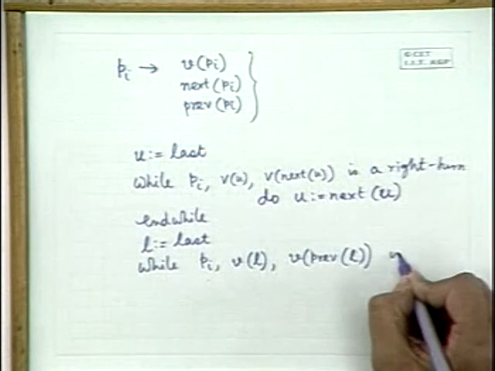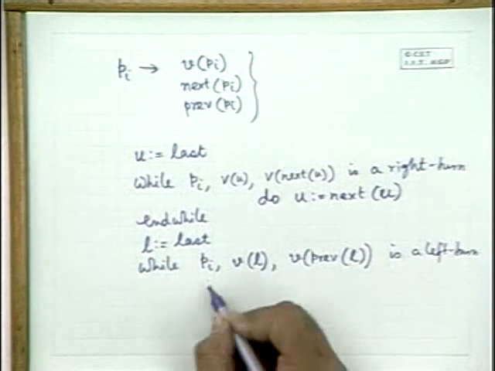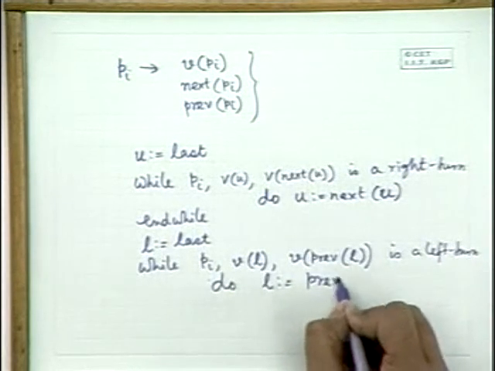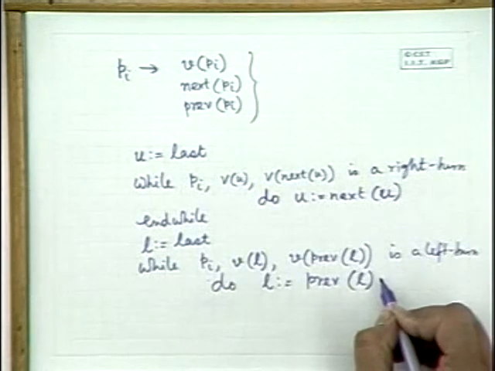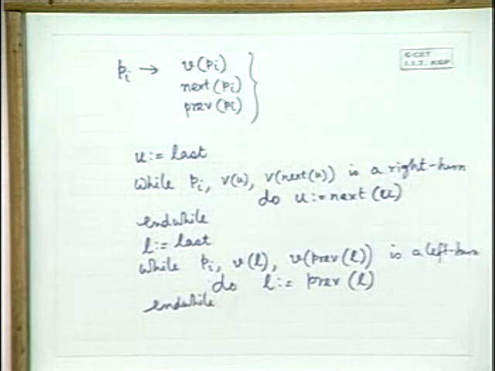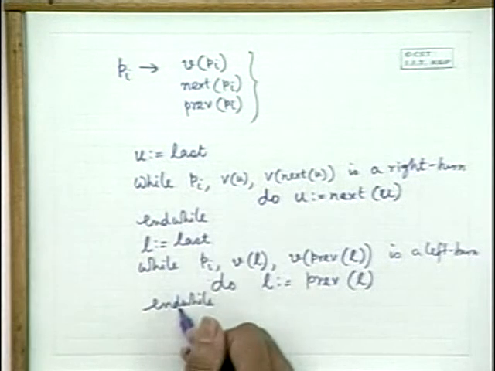If prev L is a left turn, then you do L is equal to prev L, and continue the while loop. This will give you the point where the lower tangent will hit the convex hull. This is the upper, this is the lower.